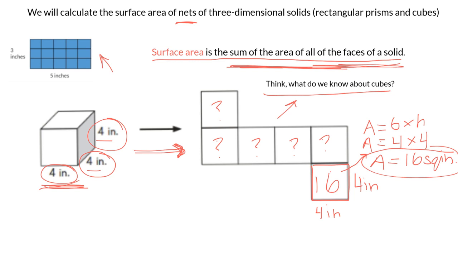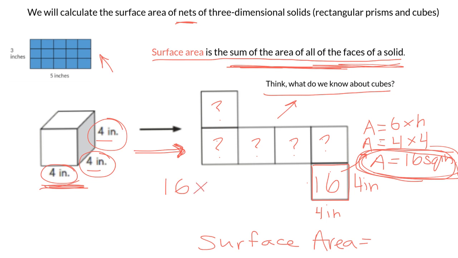If I find that the area of one face is equal to 16 square inches, and I know that I have a total of 6 faces, what I can do to find my total surface area is to multiply the area of one face, 16, times how many faces there are. 1, 2, 3, 4, 5, 6.